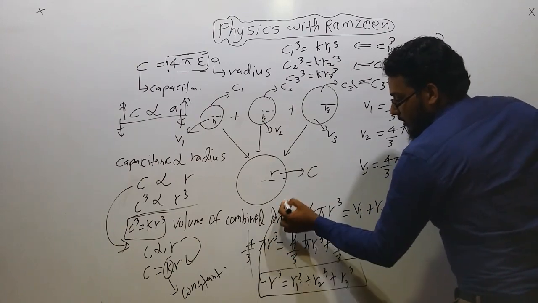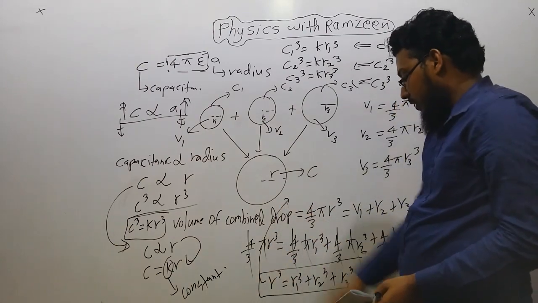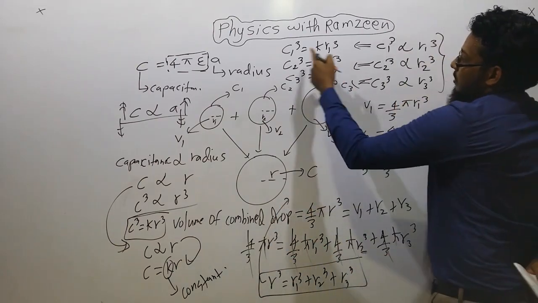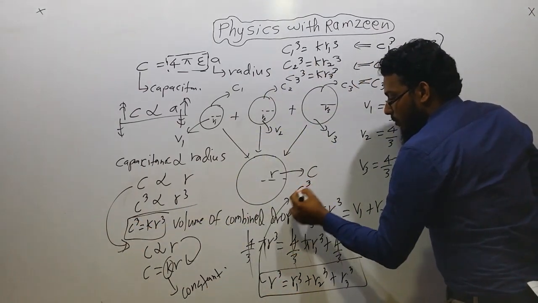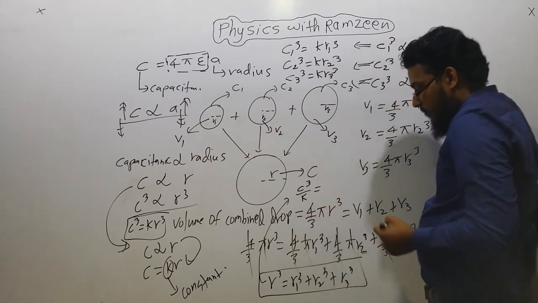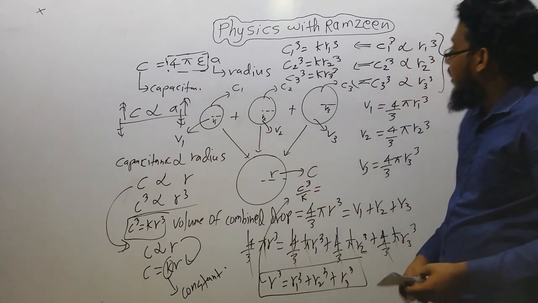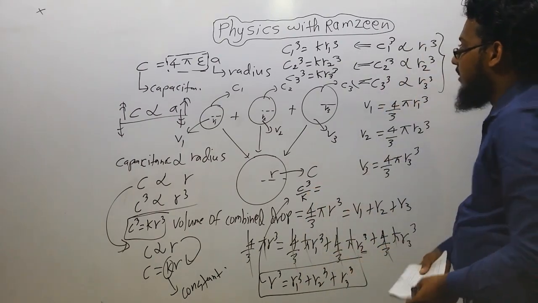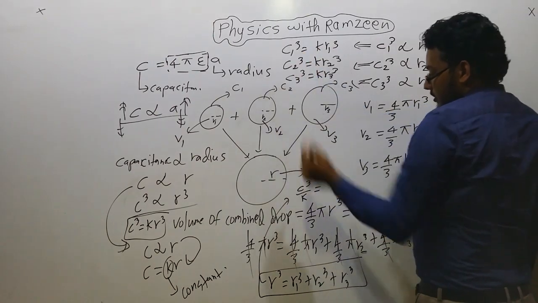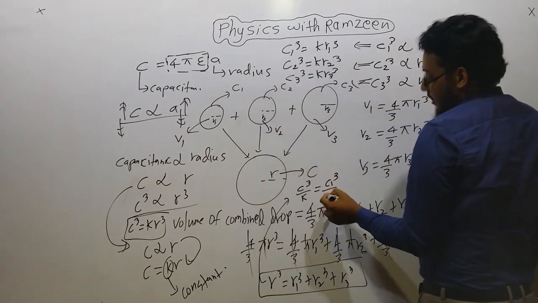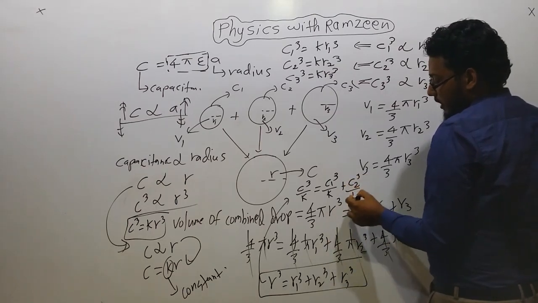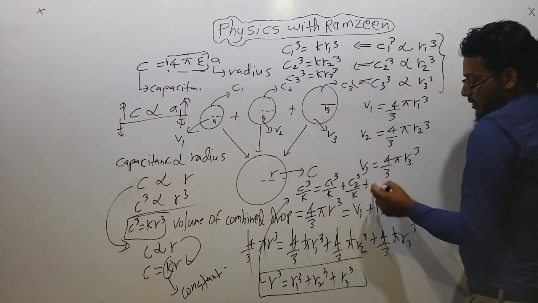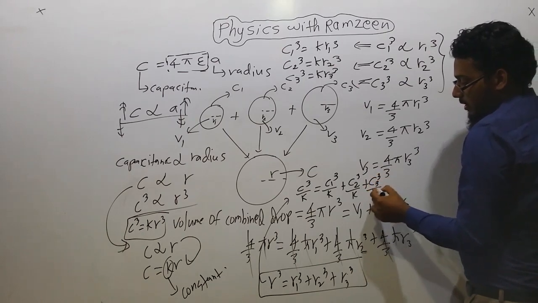So I can change the equation: R cube is equal to C cube over K. C cube over K is equal to R1 cube plus R2 cube plus R3 cube. R1 cube is equal to C1 cube over K, R2 cube is equal to C2 cube over K, and R3 cube is equal to C3 cube over K.